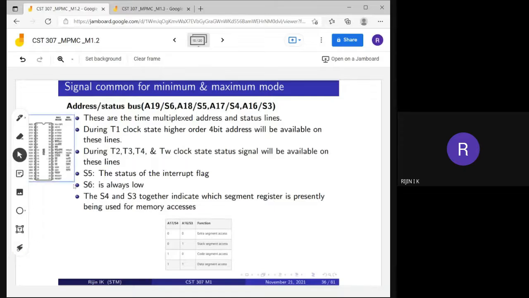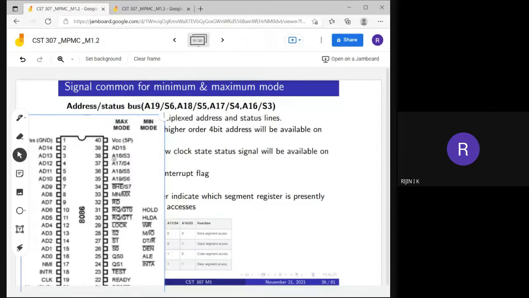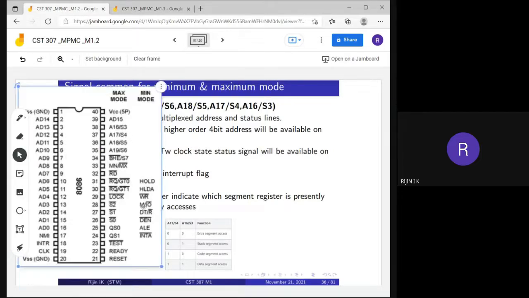These pins are A19/S6, A18/S5, A17/S4, and A16/S3, that is pin number 35, 36, 37, and 38. So these pins are called the address bus status pins.